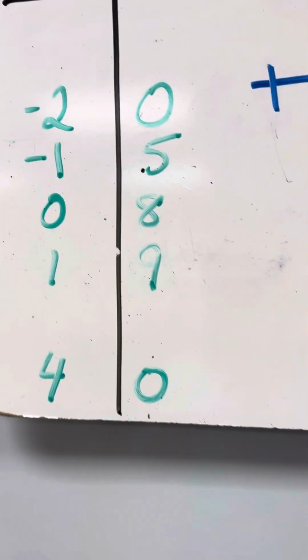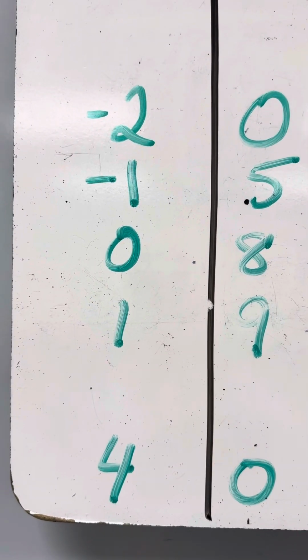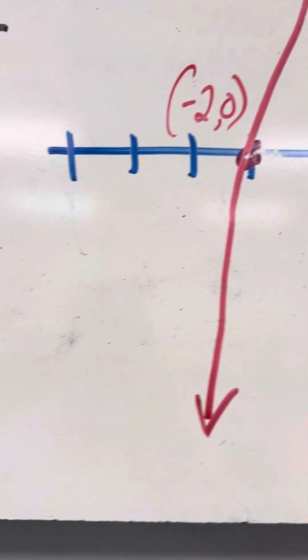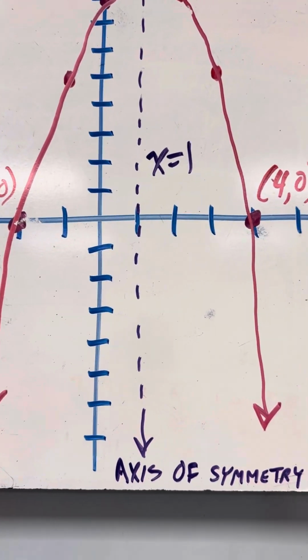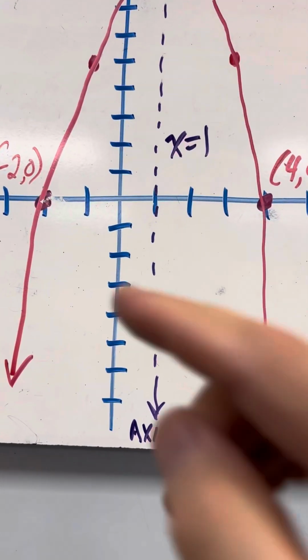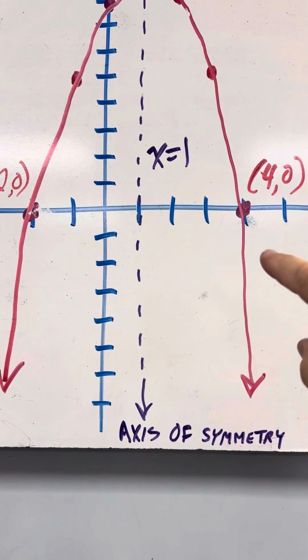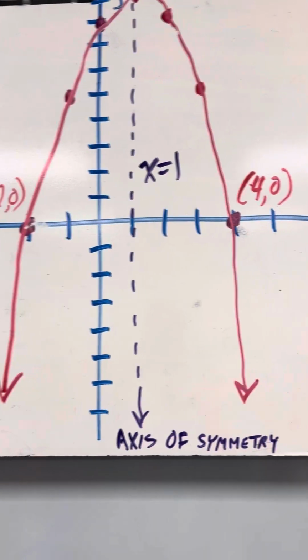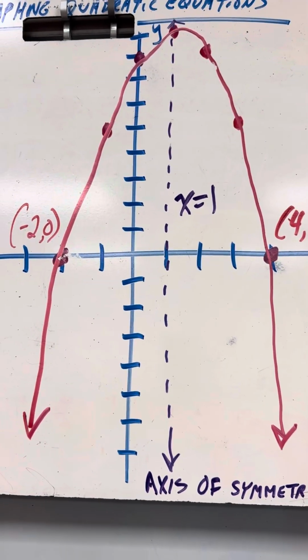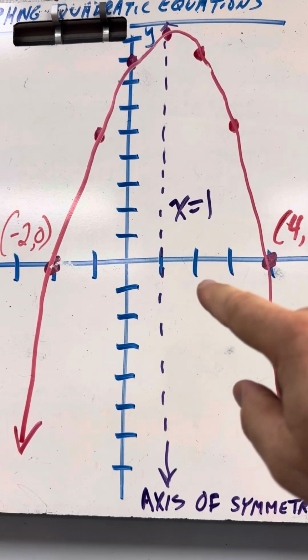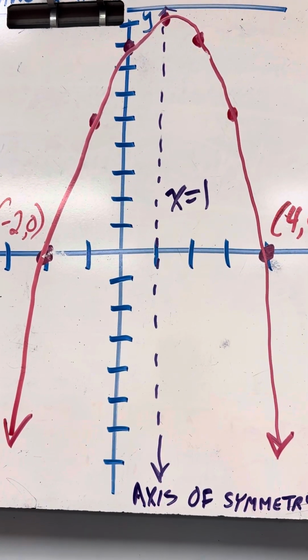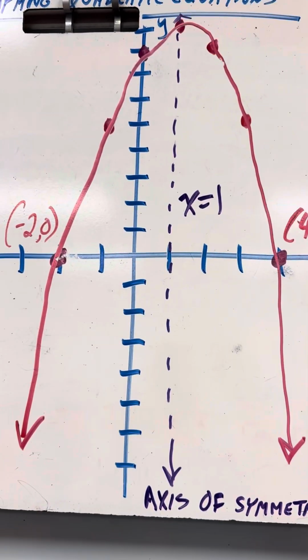If I do negative 1, I'll get 5. And in every one of these problems, if negative 1 gives me 5, then 3 is also going to give me 5. I'll find that 0 will give me 8, which means 2 will also give me 8. And I find that 1 gives me 9.